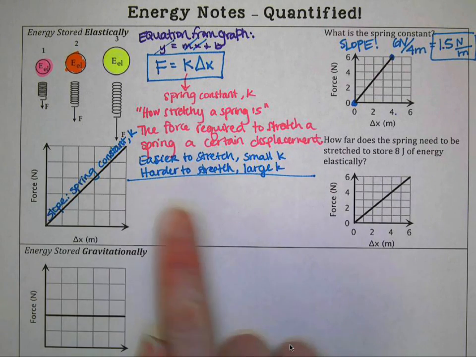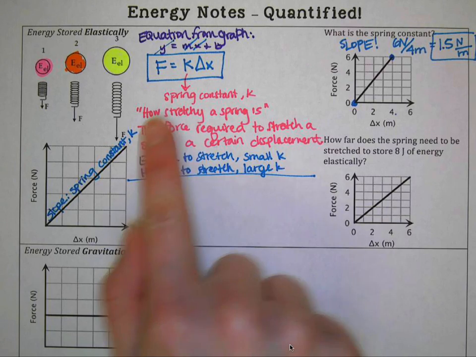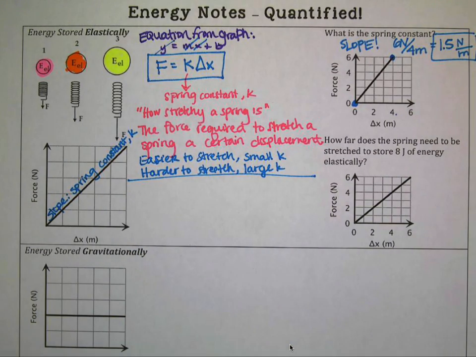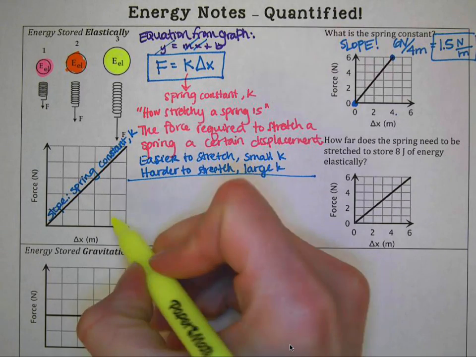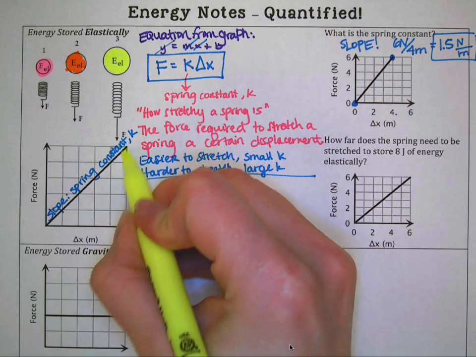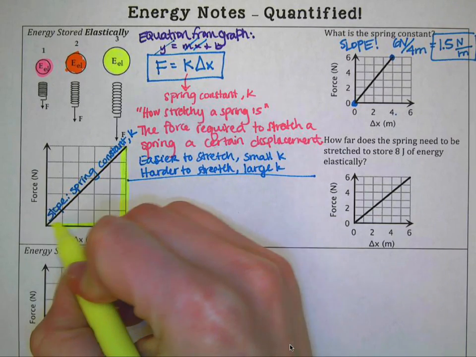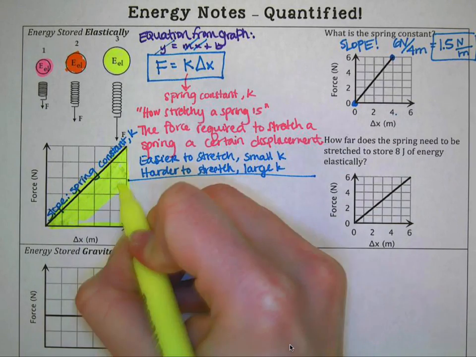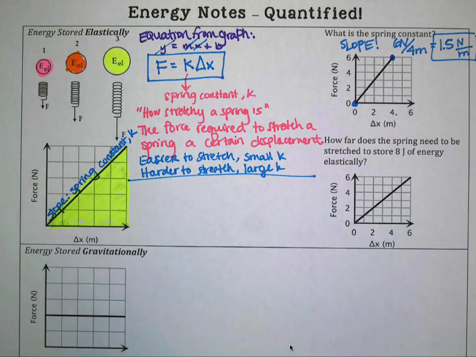Additionally, besides just our slope and our equation from our line, there's usually one other part of the graph that helps us identify some physical quantity, and that just happens to be the area under the graph again. Just like we did a couple units ago, the area under the graph now has meaning. So if I'm looking at how much energy I have in a spring, that happens to correlate nicely to, and actually be defined as, the area under the graph.